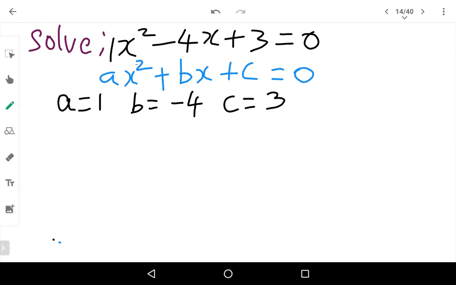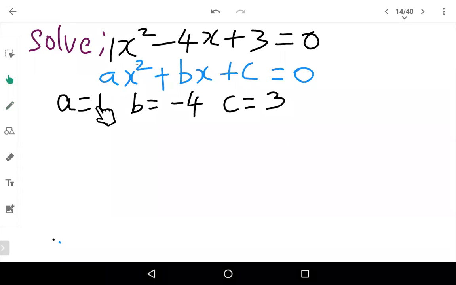Are you all able to follow? Yes, okay. So I'm just taking the coefficients here, 1, minus 4 and 3.